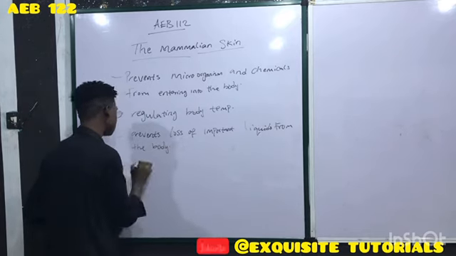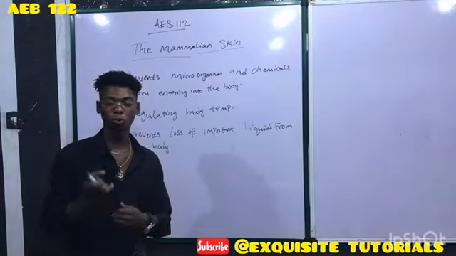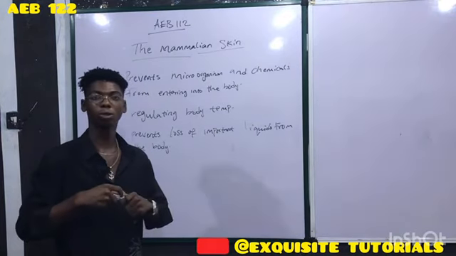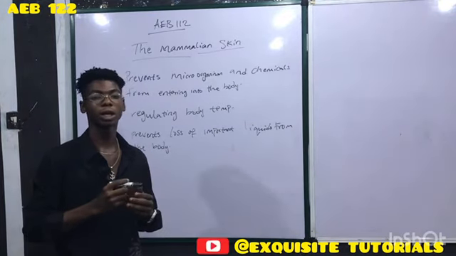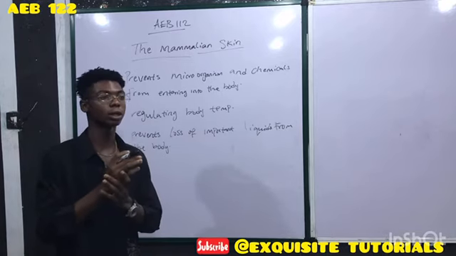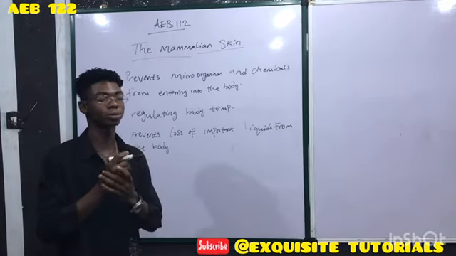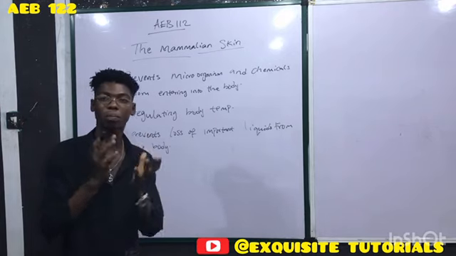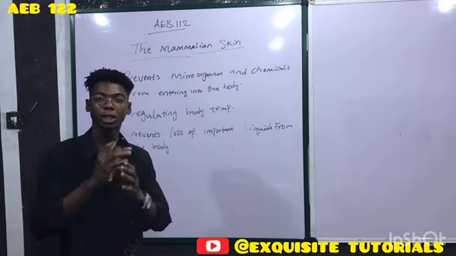And lastly, the most important function, which we know right from our secondary school days, is that the skin covers the body and protects it from harmful substances. It covers the bones and the muscles, and it protects them.